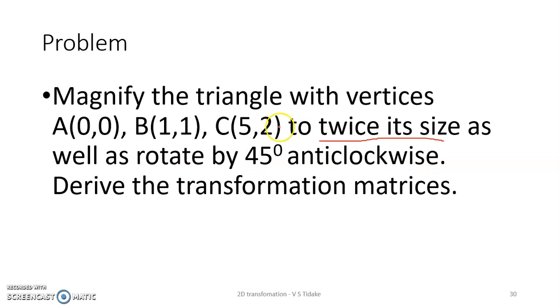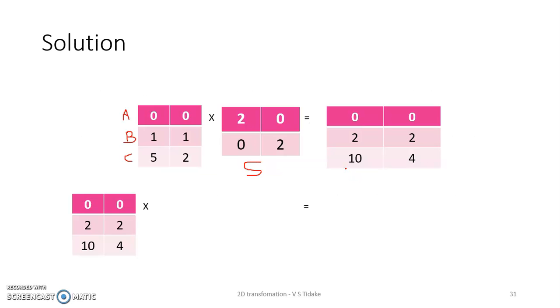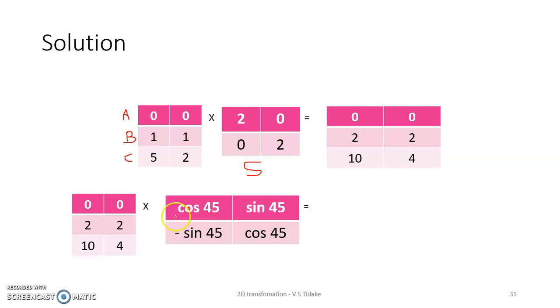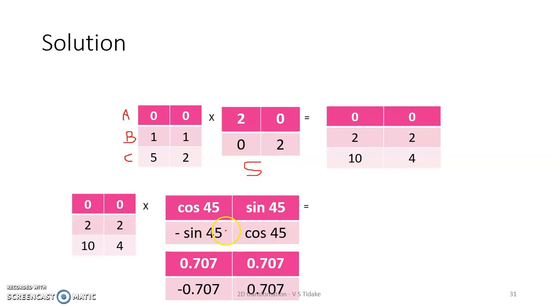Then next is to rotate the triangle by 45 degrees anticlockwise. So whatever scaled matrix is obtained, we will multiply this matrix by a rotation matrix cos 45, sin 45, minus sin 45, cos 45. We will get this matrix when we solve this.